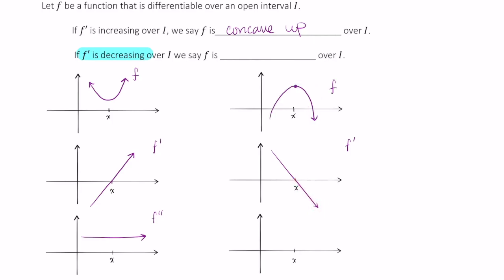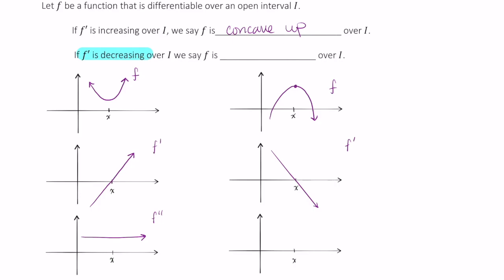So the tangent line on the left side of x is positive. The tangent line on the right side of x is negative. That corresponds to above the x-axis here and below the x-axis here. And then right at this maximum value, right here on top, we have a horizontal tangent line. So the slope of my tangent line, or that is f prime, is 0 right here at x.